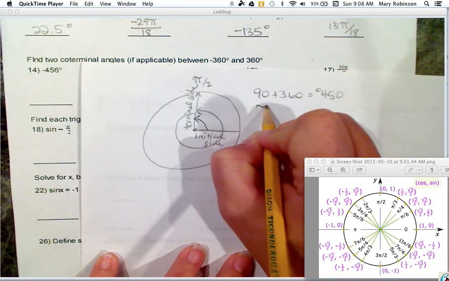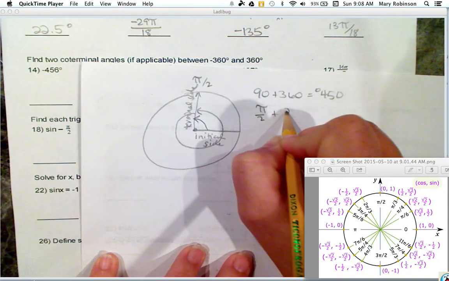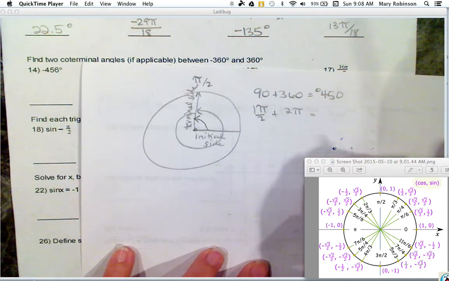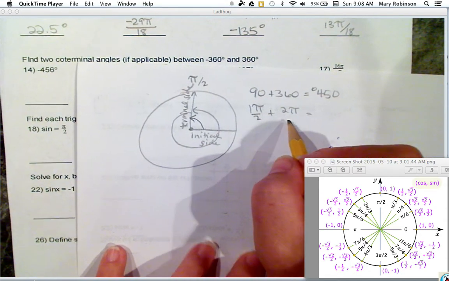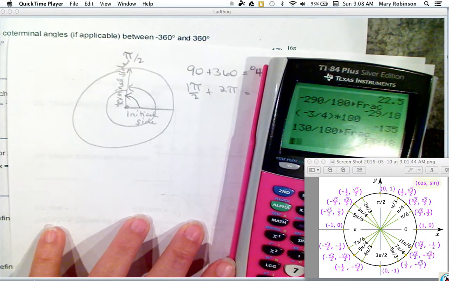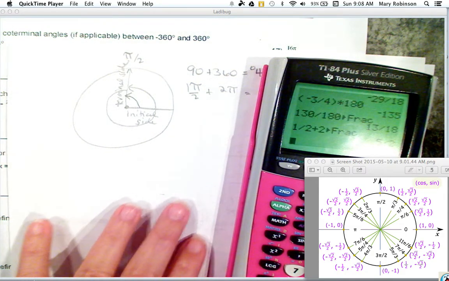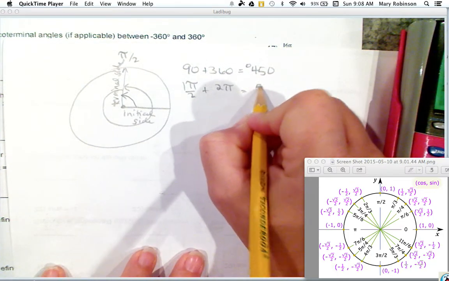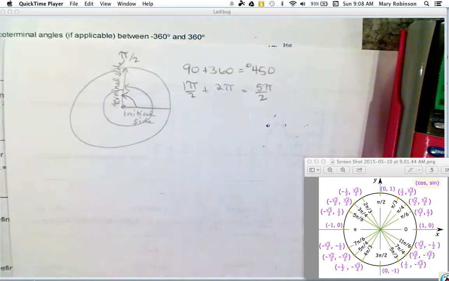If I did it in radians, it would be pi over 2 plus 2 pi. And just remember, it's 1/2 plus 2. If you can add fractions quickly in your head, then you would know that's 5/2. Or you can just type in 1/2 plus 2, math, enter, and we'd get 5/2 there. So that would be 5/2 pi as a radian measure.